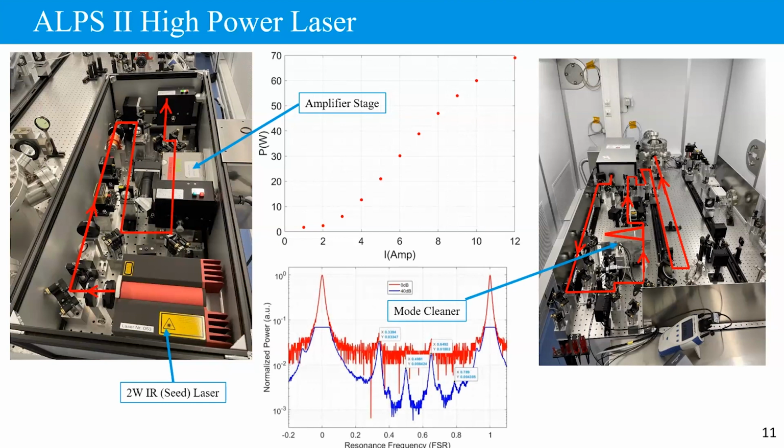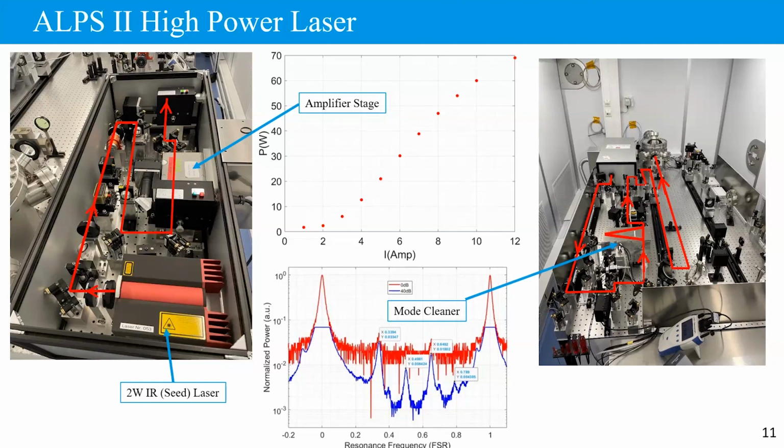With that pre-mode cleaner, we can also show this mode scan, and it shows that the high power laser beam has a higher order mode content which is less than 5%. So it's a quite clean beam.